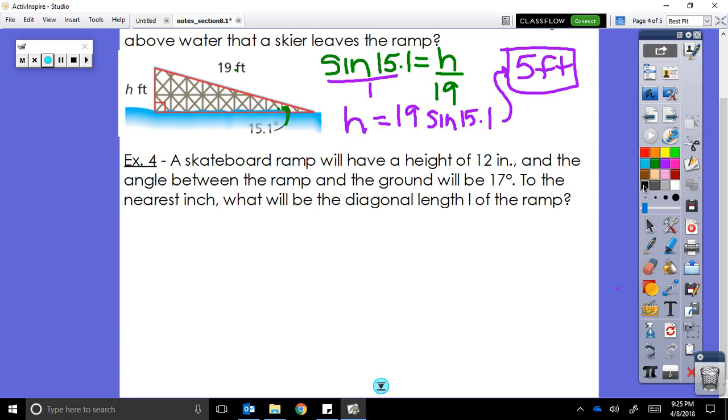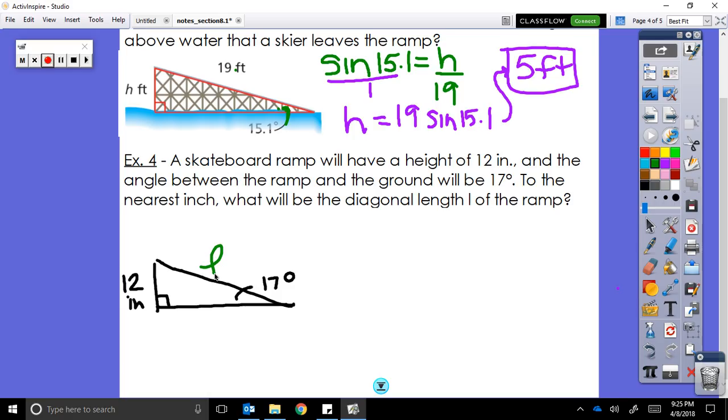Alright, let's see if you guys drew your picture properly. So we're going to draw a ramp, right angle, a height of 12 inches, and the angle is 17 degrees, and they are asking what this length L of the ramp will be.